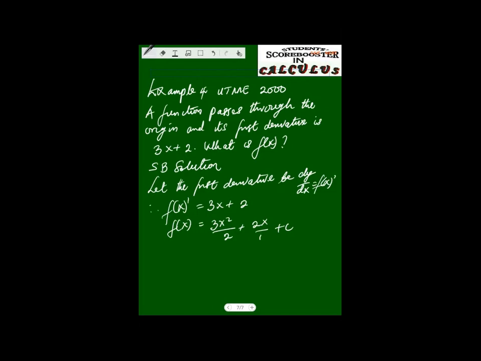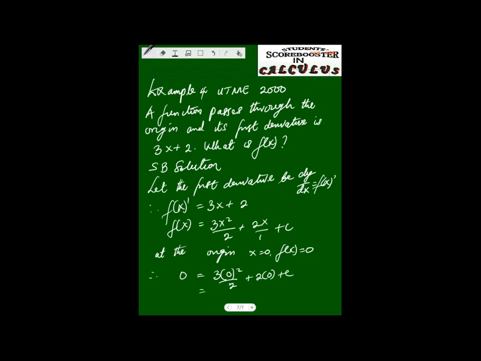So at the origin, we are told that x is equal to 0 and f(x) is also equal to 0. Therefore, substituting, 0 equals 3 times 0 squared over 2 plus 2 times 0 plus c.